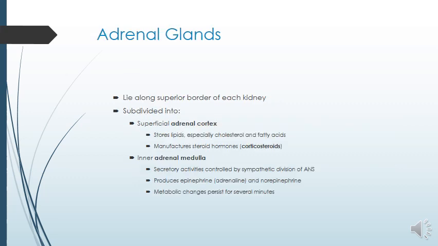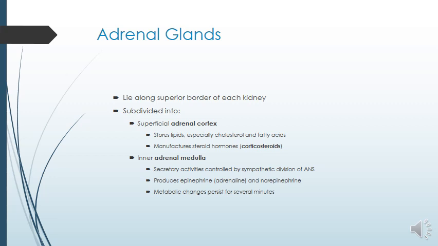The adrenal glands lie along the superior border of each kidney. They're subdivided into the outer portion, which is called the adrenal cortex, and the inner portion, which is called the adrenal medulla. Now, in the adrenal cortex, we find that it stores lipids, especially cholesterol and fatty acids, and it manufactures steroid hormones, which are referred to as corticosteroids.